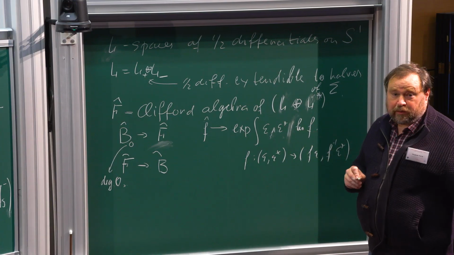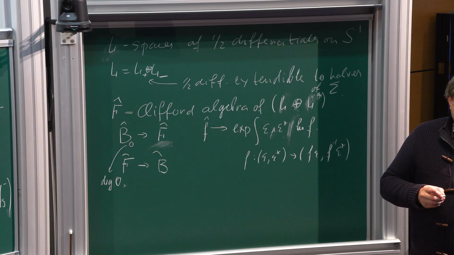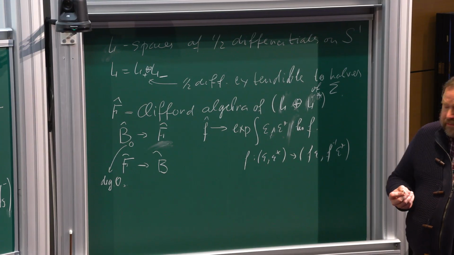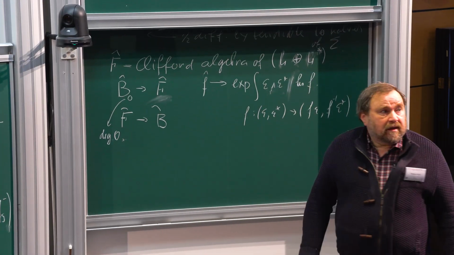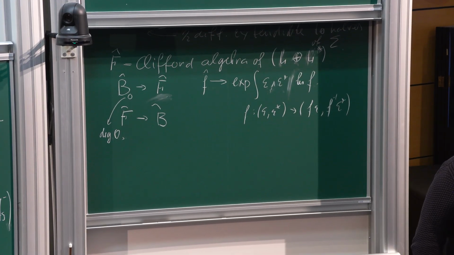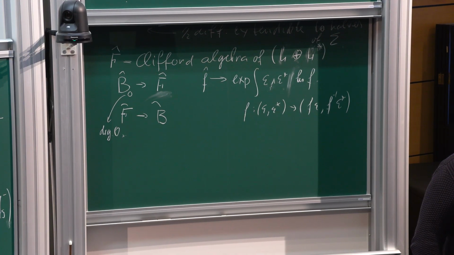This is an orthogonal transformation. If you have an orthogonal transformation, you can write it as an element of the Clifford algebra by the standard spin representation. But here everything is infinite dimensional, so you have to know what you mean by this.